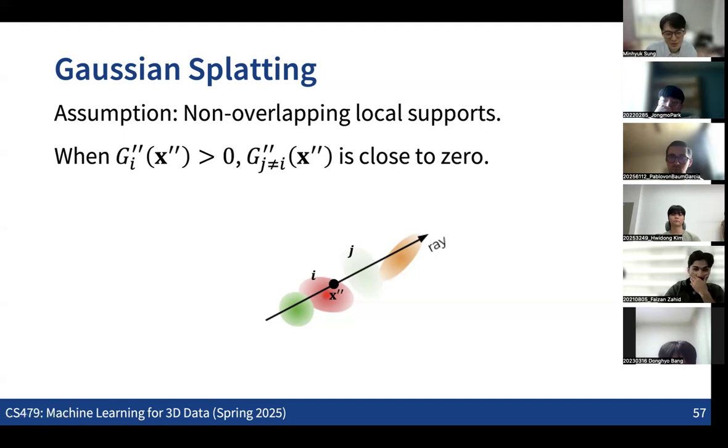Obviously, it's a very strong assumption. It really depends on how those splats are distributed in the 3D space. But we are going to use this assumption to simplify the computation. Make sense? Any questions on this?